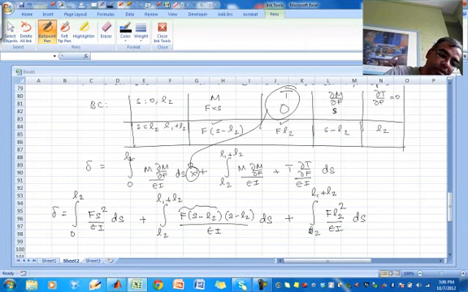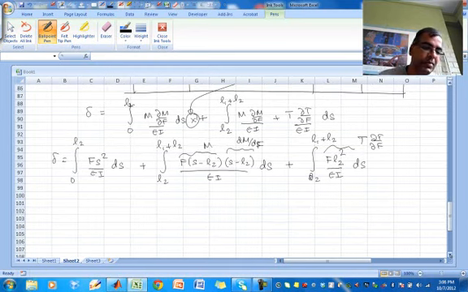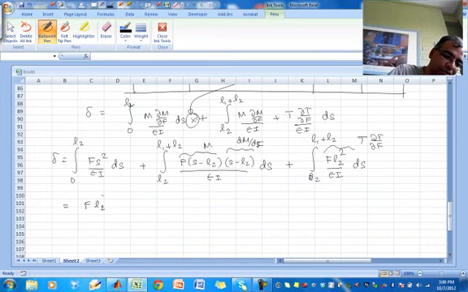So each of these is M, this is dm df, this is T dt df. So let's do the integral. The first one gives you a very simple result. This will be F L2 cubed over EI, plus the second one will give you a very similar result.